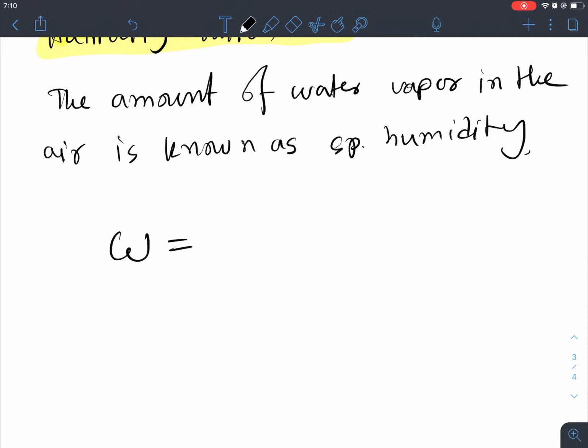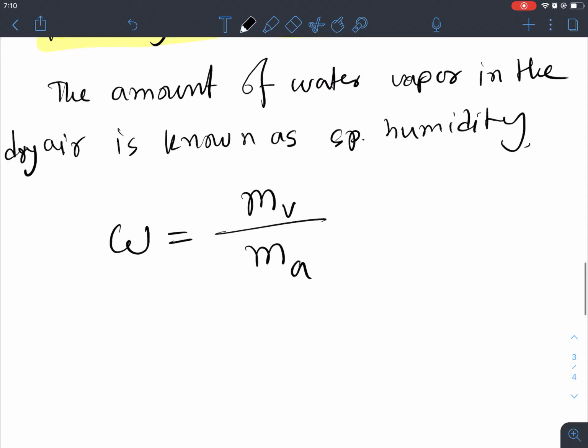If we define the specific humidity omega, then it is the mass of water vapor divided by the mass of dry air. So the amount of water vapor in the dry air is known as the specific humidity.